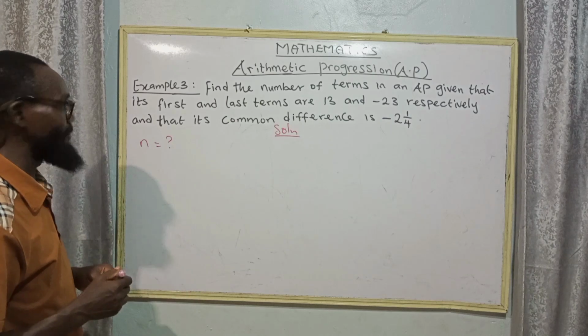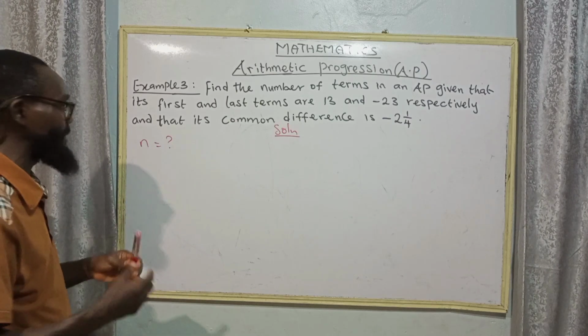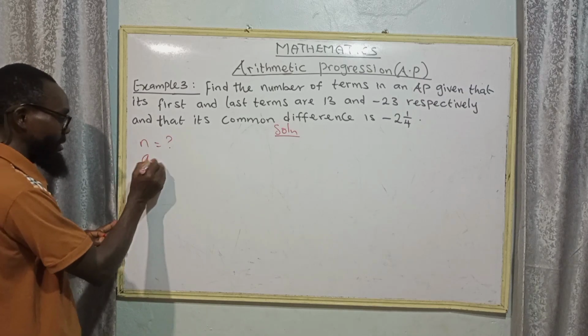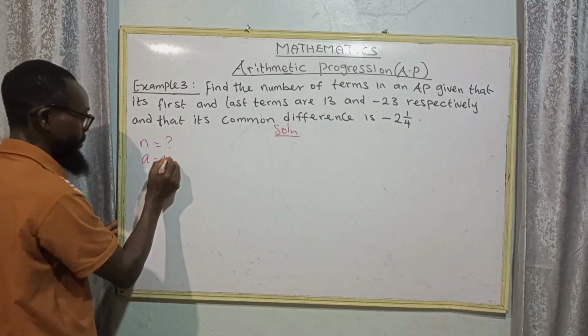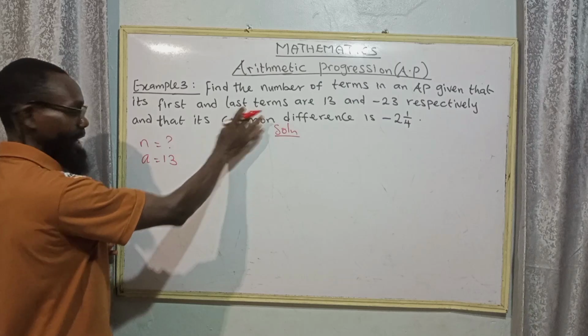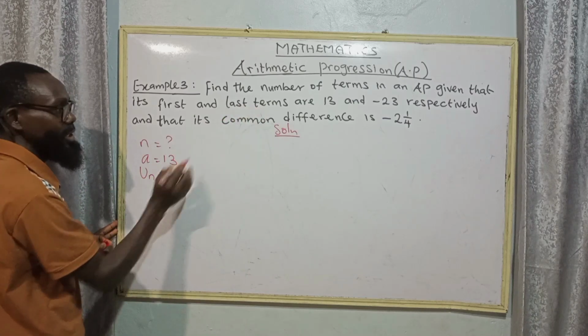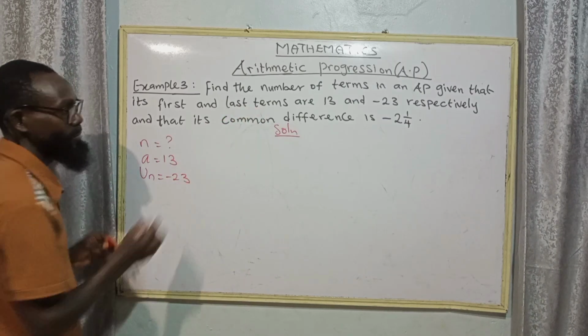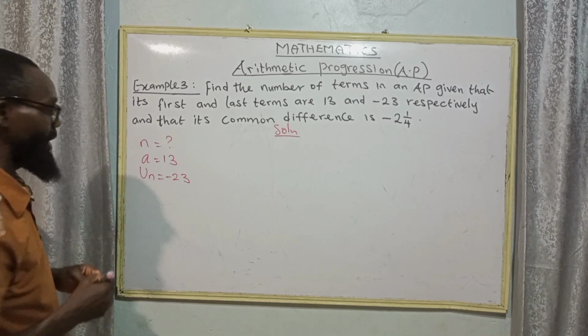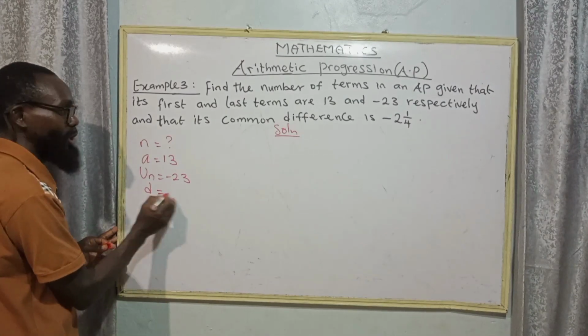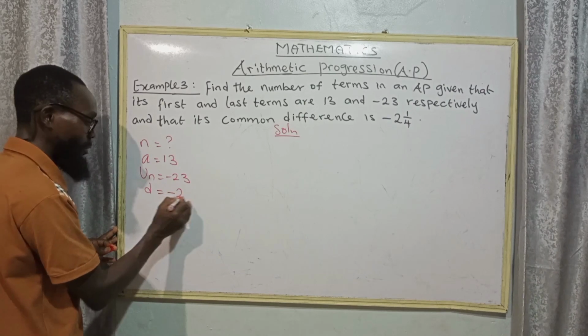The first term, a, is 13, and don't forget the meaning of last term, un, equals minus 23, and the common difference, d, equals minus 2 whole number 1 over 4.